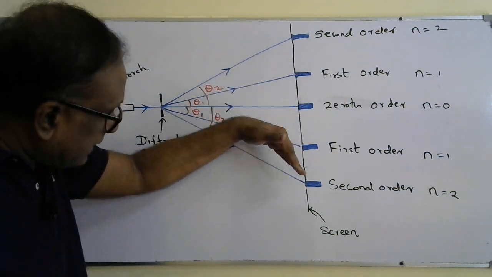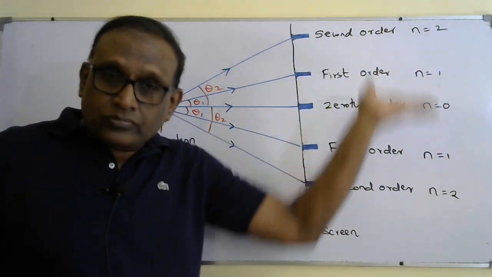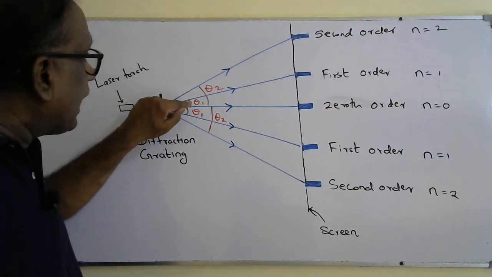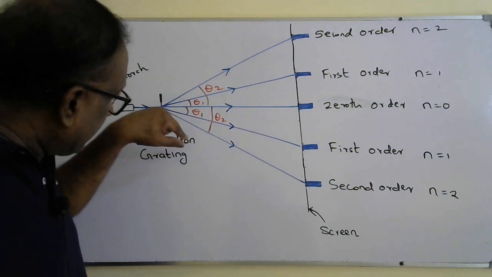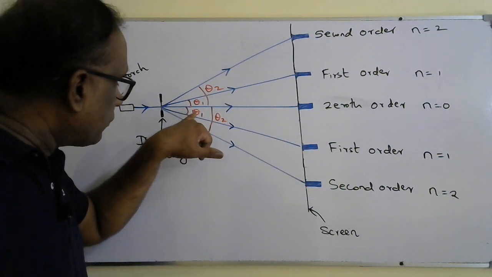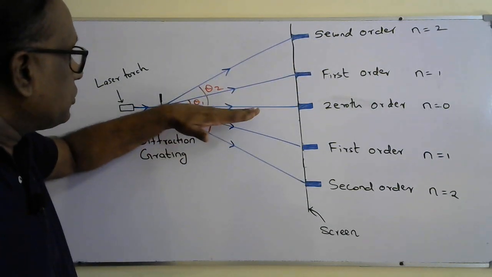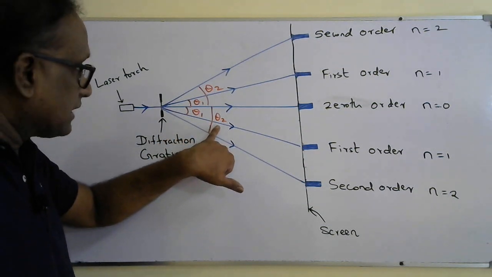On either side, identical or similar patterns will be formed. In this direction upwards, the angle of diffraction for the first order is theta 1. On the other side also, the angle of diffraction for the first order is theta 1. Same way, the angle of diffraction for the second order is theta 2 in this direction. In this direction also, the angle of diffraction is theta 2.